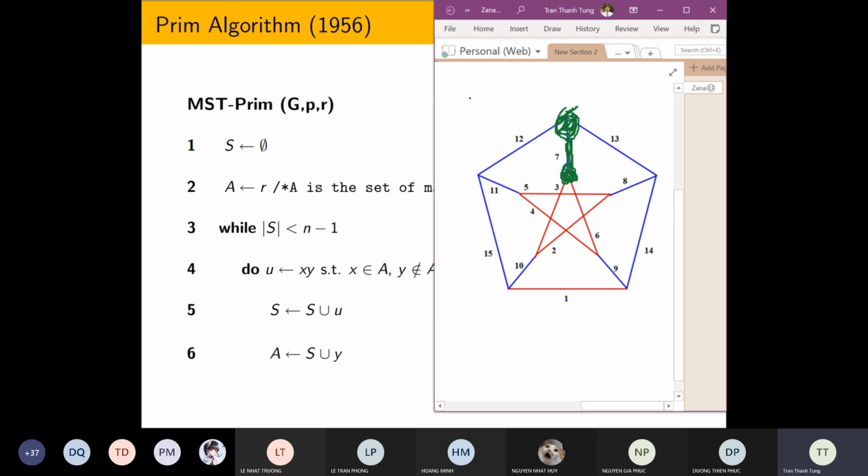Then I continue with the smallest one. The smallest one will be 3. Among 12, 13, 6, 3 is the smallest edge that goes out of the set.